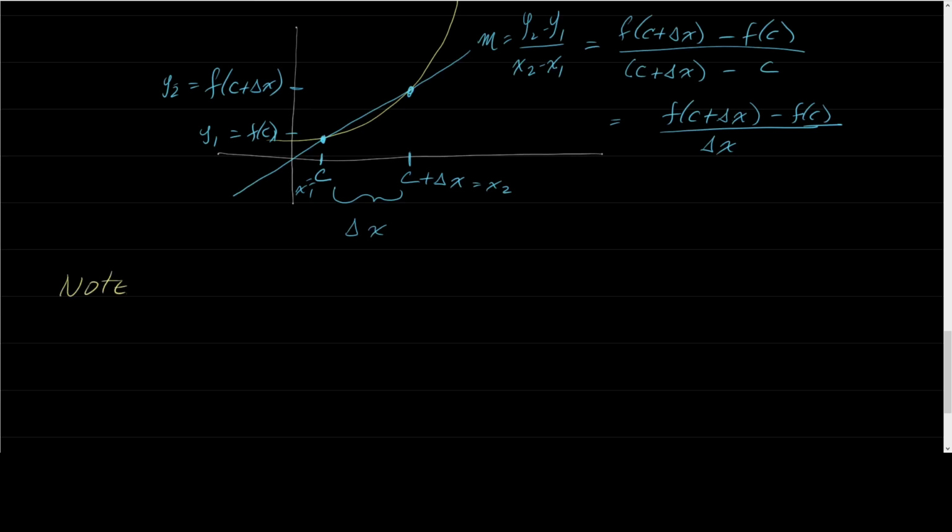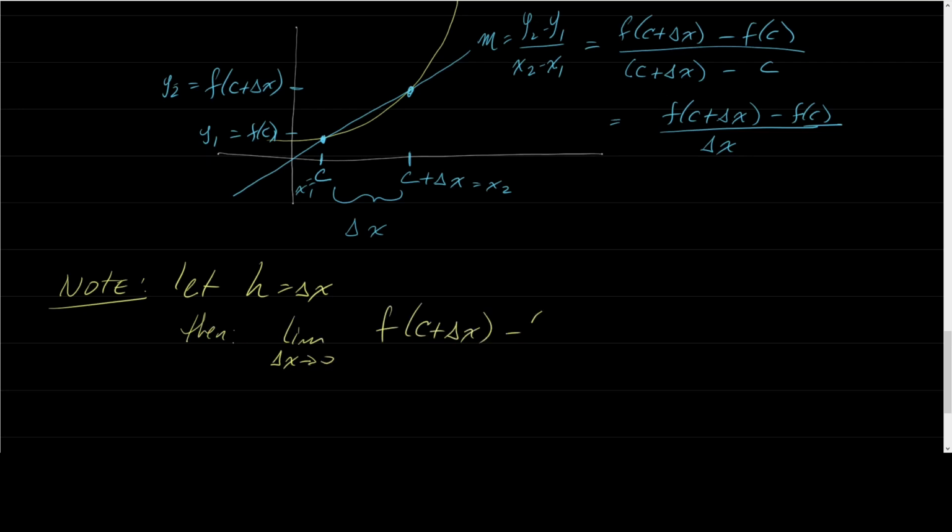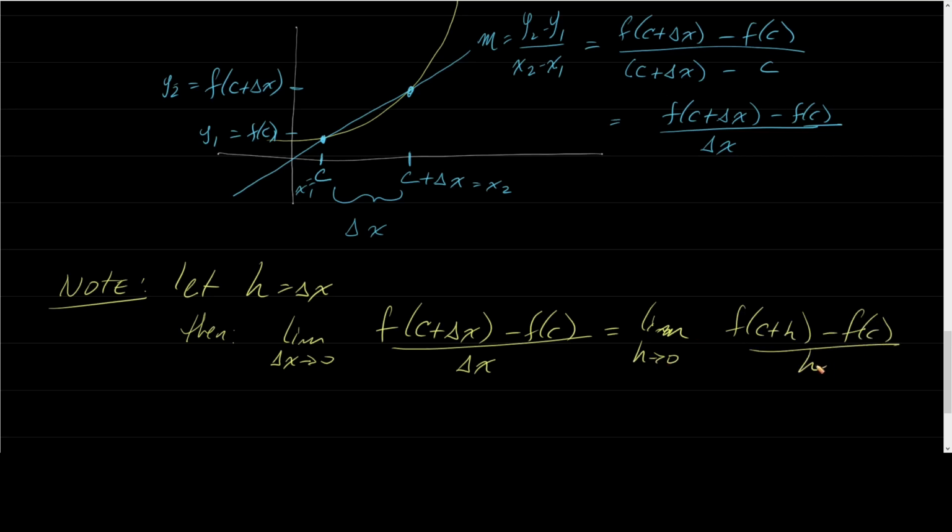Note, if I let h be equal to delta x, what I get here is that the limit as delta x goes to 0 of f of c plus delta x minus f of c over delta x, I could rewrite as the limit as h goes to 0 of f of c plus h minus f of c, all of this over h.